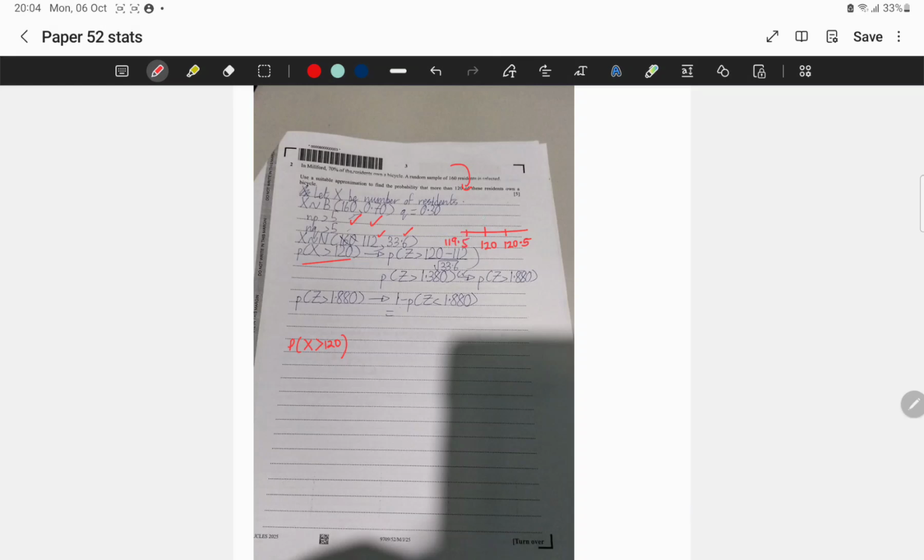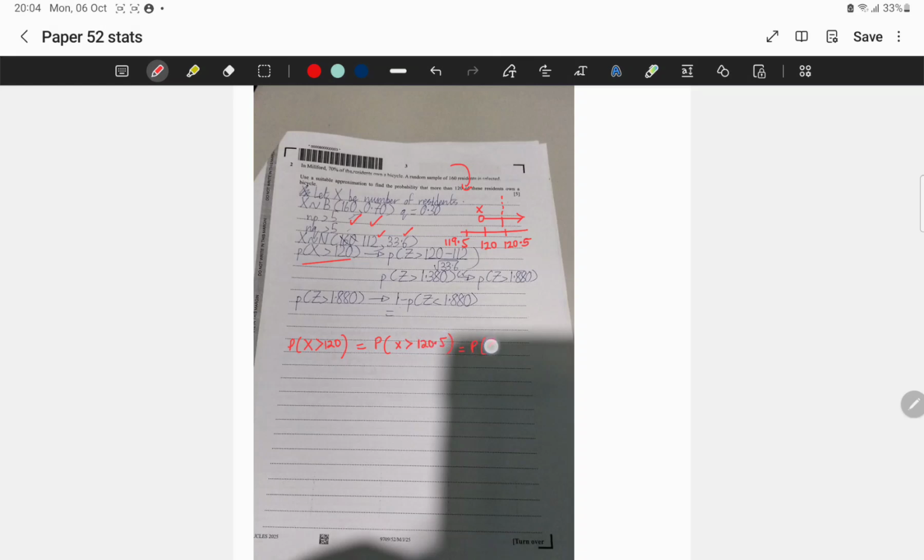So what happens if you're going to take 120 greater than this? You're not going to take 120 as your value. You're going to take 0.5 greater than this. It would be 120.5. So it will be probability X greater than 120.5.